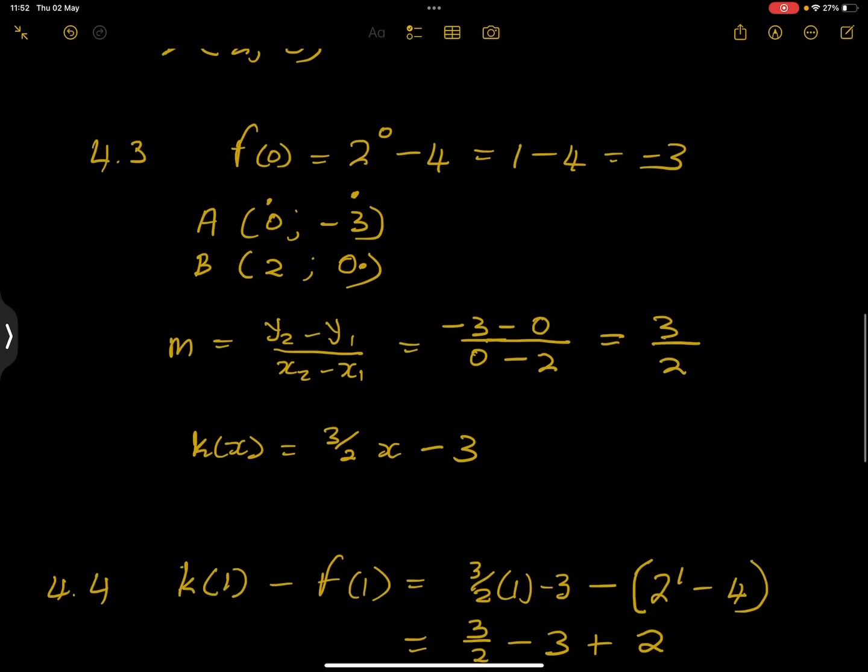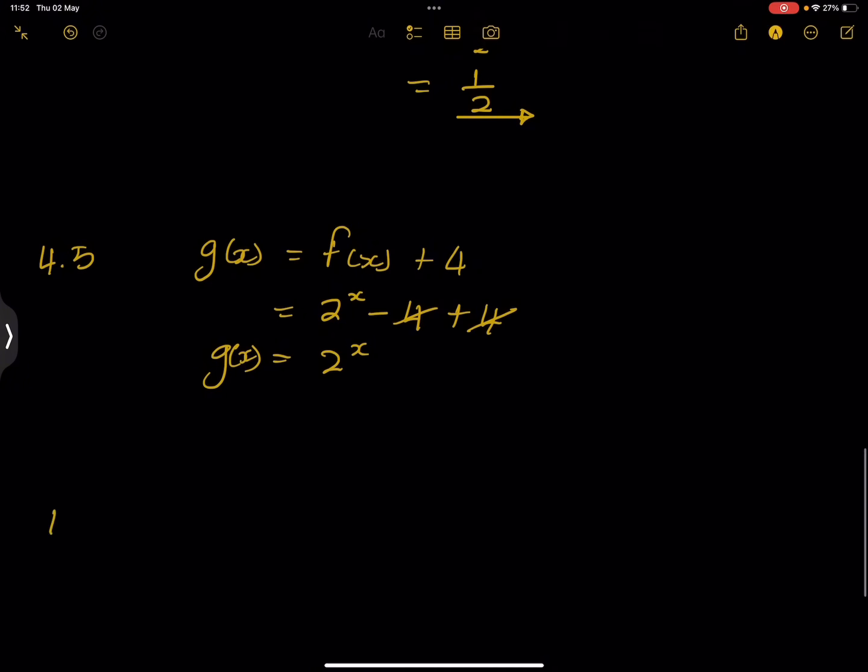But in this case, if we say the domain of this one is between 2 and 4, so 4.6. I'd look for g of negative 2 rather.